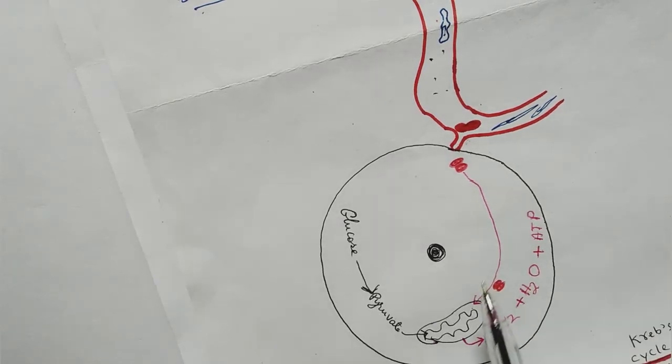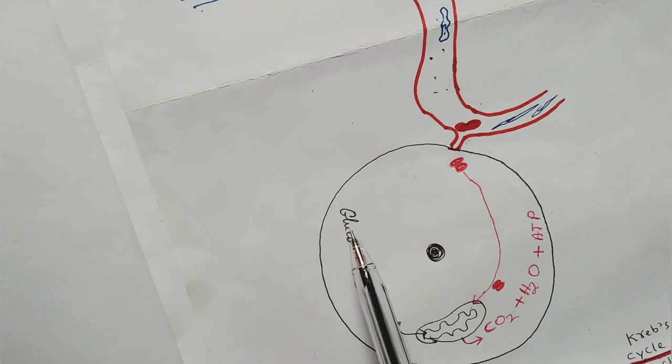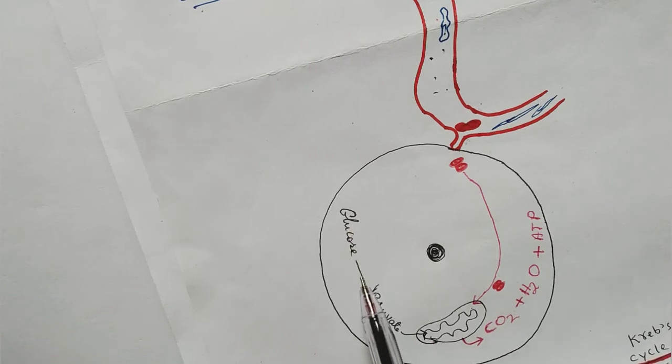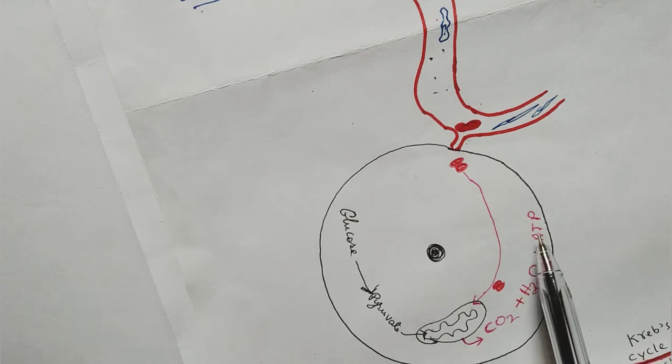Okay, so inside this cell, the glucose molecules will be broken into pyruvate, and that pyruvate will enter into the mitochondria, and in the mitochondria there is oxygen. So the oxygen will burn that pyruvate to produce carbon dioxide, water, and release energy in the form of ATP.